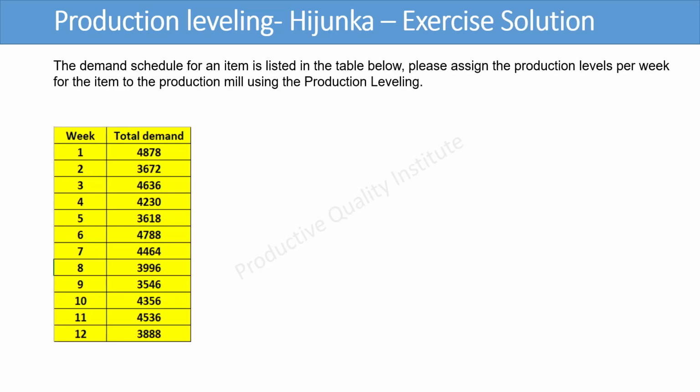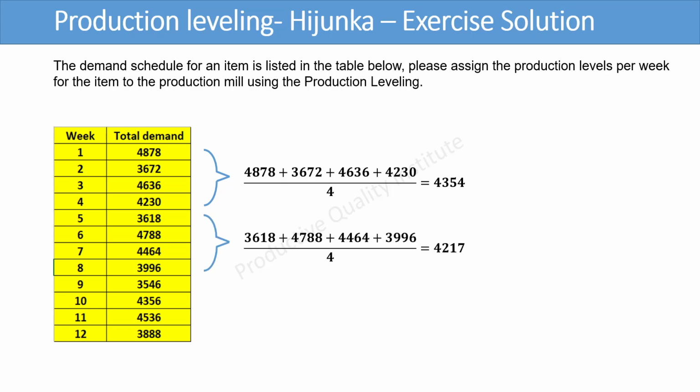For the first 4 weeks, we will calculate the average demand and assign the result to the weekly level production. For the first 4 weeks, the weekly level production will be 4,354. We will do the same for the next 4 weeks. The weekly level production will be 4,217.